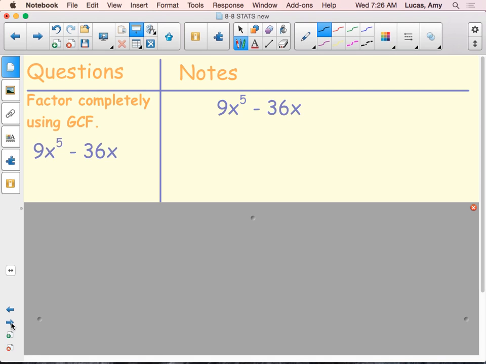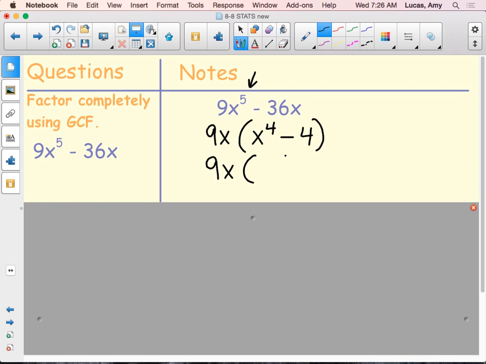Okay, factor completely again. On this one, I see x to the fifth is an odd number, so I'm going to have to factor out an x. I also recognize that even though 9 and 36 are perfect squares, I can factor out a common factor. So I'm going to factor out 9x, which would leave me x to the fourth minus 4.